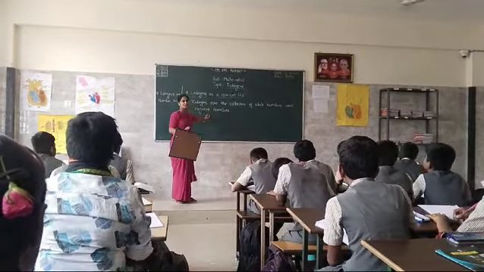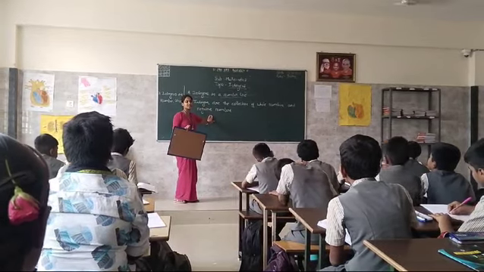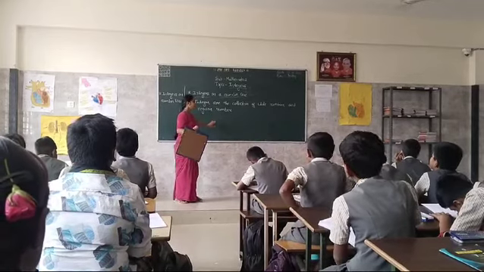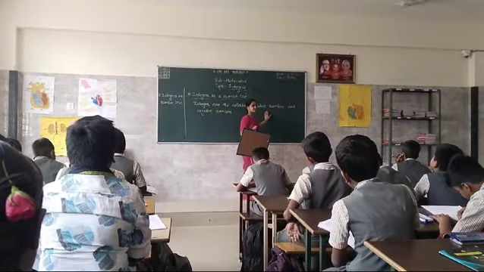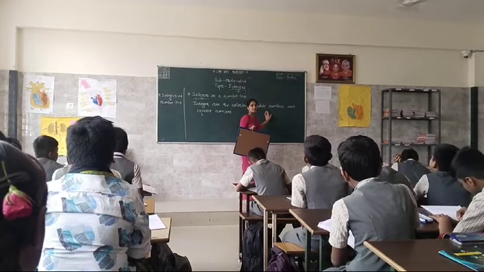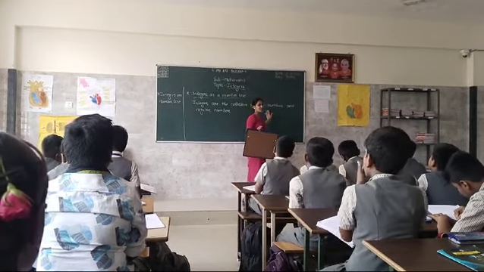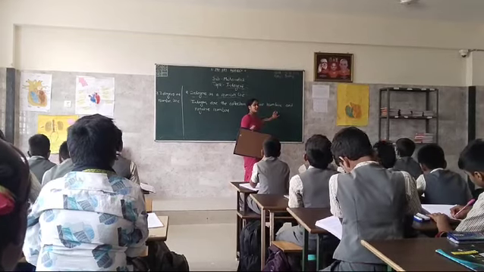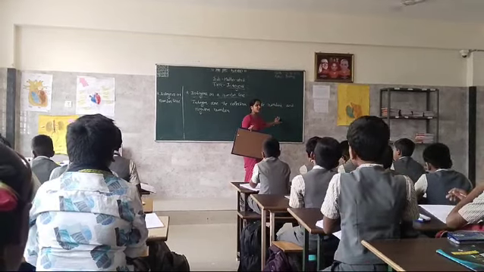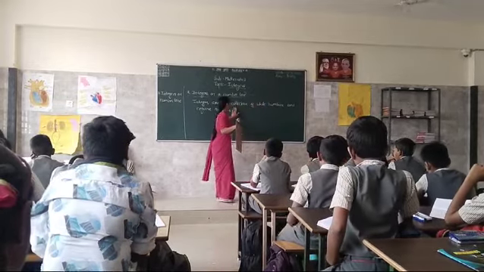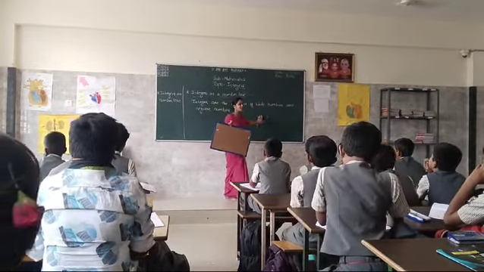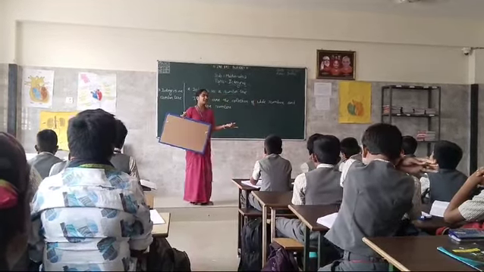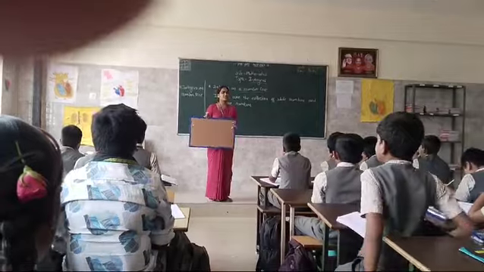Negative numbers means what? The numbers which contain a minus sign, right? Previously we have defined the whole numbers. Now there is the unique number 0 and positive numbers, or in the concept of integers we can say positive integers. So integers are the combination of positive integers and negative integers along with zero.